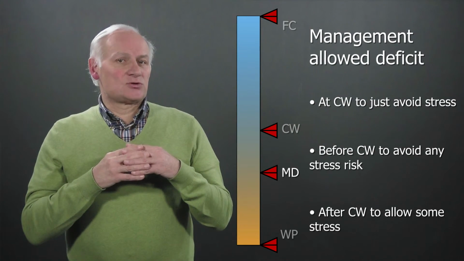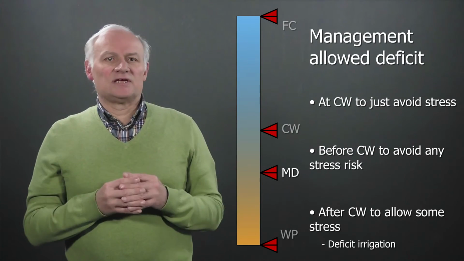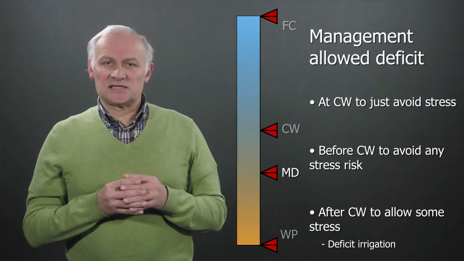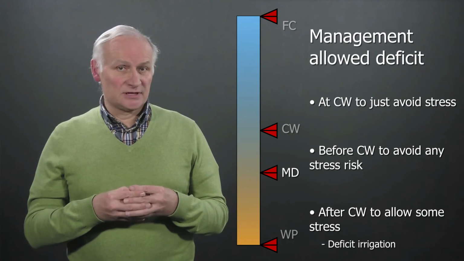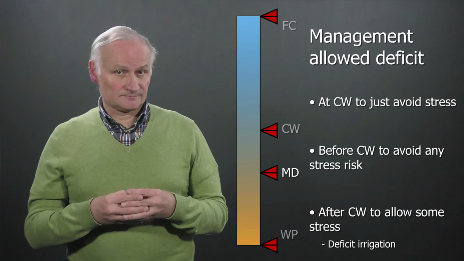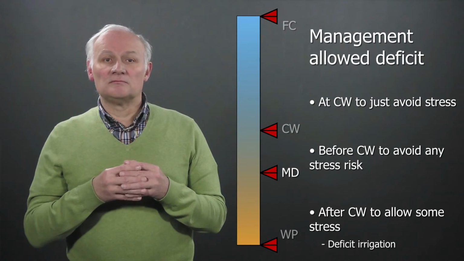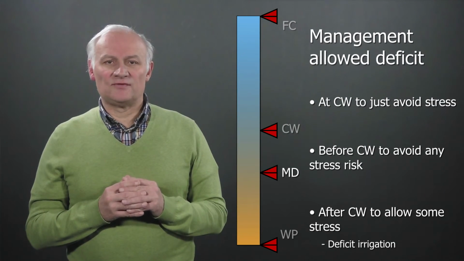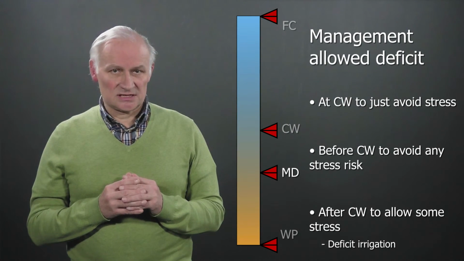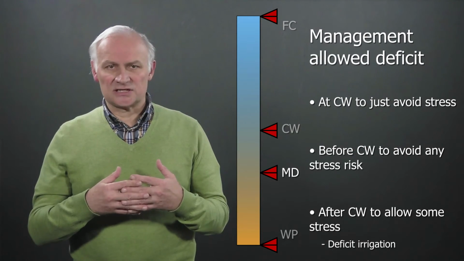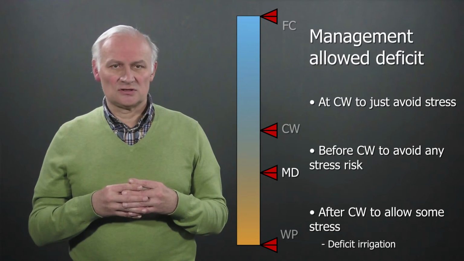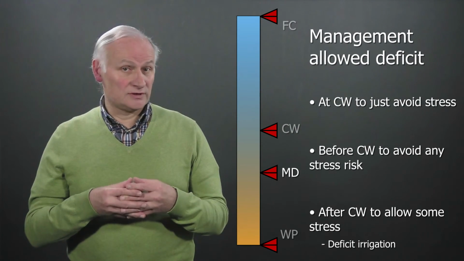Allowing stress is called deficit irrigation, and this is possibly a good strategy when the farmer has limited access to water. In any case, if the farmer is part of an irrigation scheme, the schedule in use will have a very large impact on the position of the management allowed deficit.